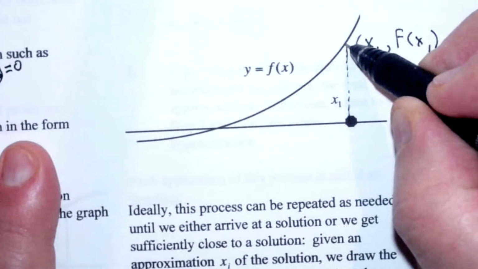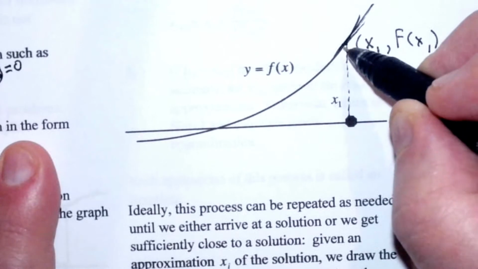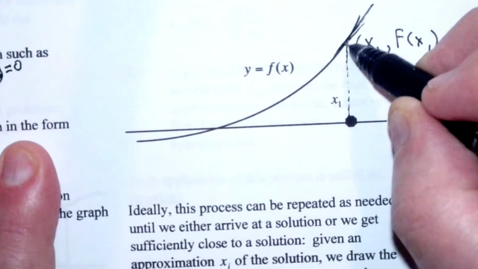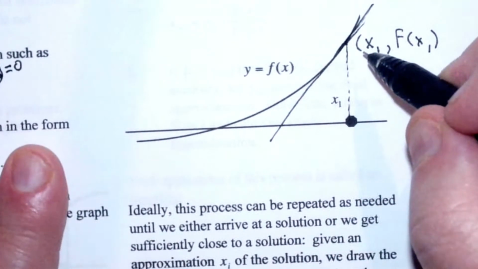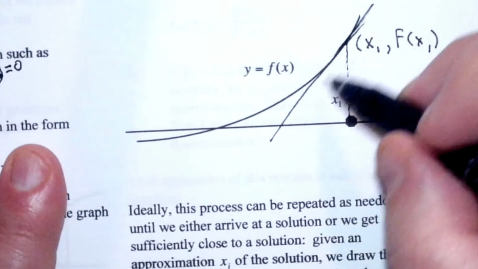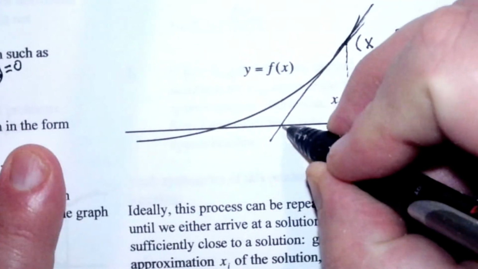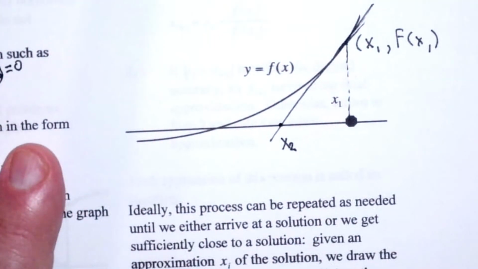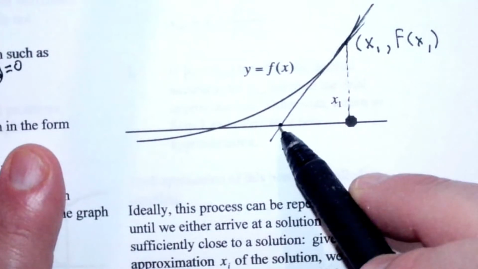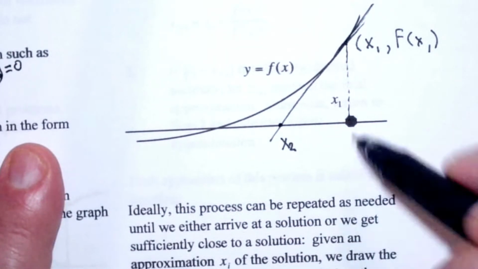And it draws a tangent line, a line tangent to this graph at that point, and with any luck, this tangent line will cross the x-axis, and where it crosses the x-axis, that's x2. That's the next approximation, and in this case, it is closer to the actual value than the initial guess x1.